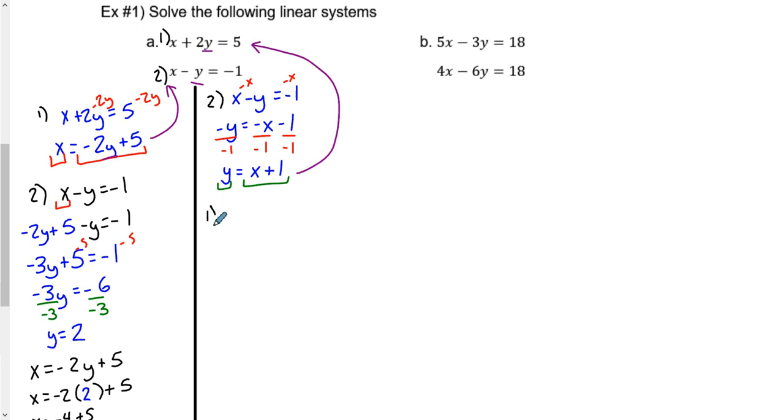So if I go back to equation 1, which is x plus 2y equals 5, if y equals x plus 1, sorry, not x plus 2, x plus 1. X plus 2y equals 5, I'm going to take my y which is x plus 1, and plug it in for y.